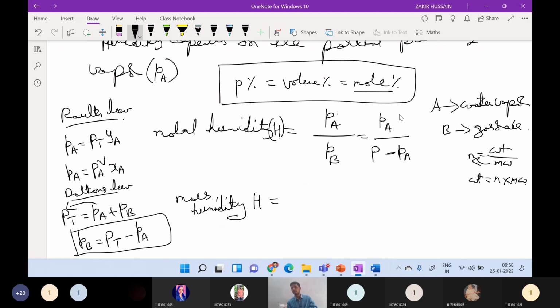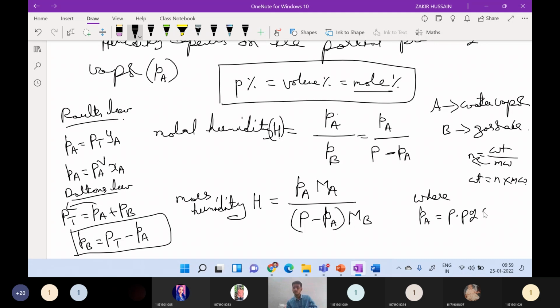That is partial pressure of water vapor into molecular weight of water vapor, divided by total pressure minus partial pressure of water vapor, which is nothing but PB, into MB. Here PA is the partial pressure of water vapor, and PB is the partial pressure of air or vapor-free gas.